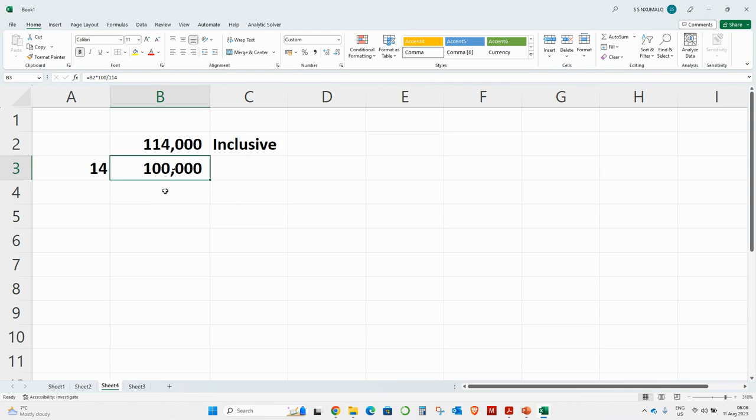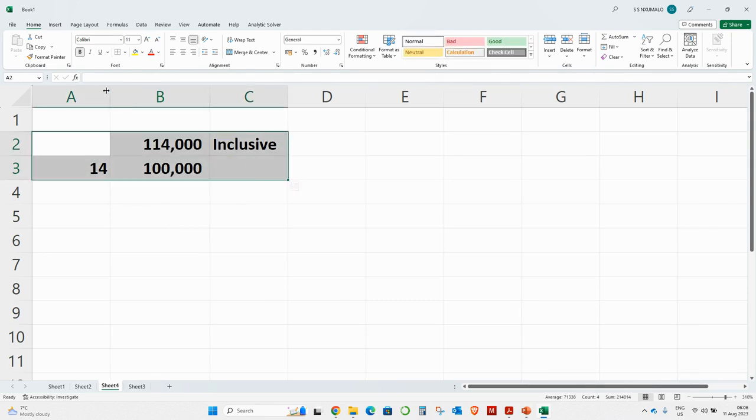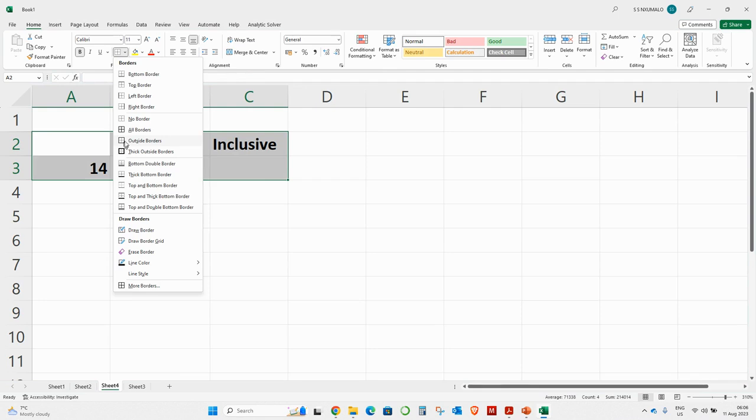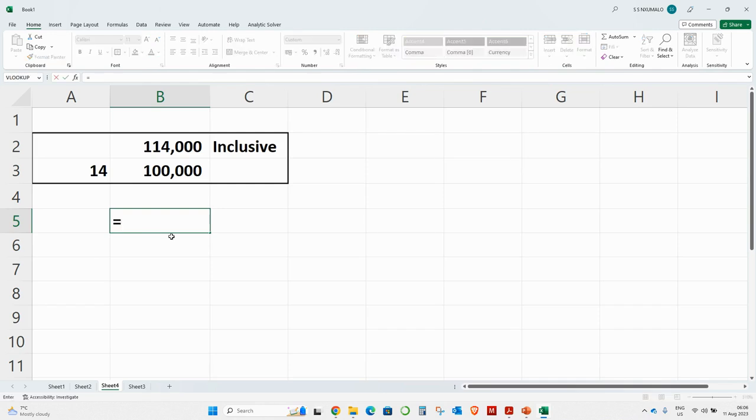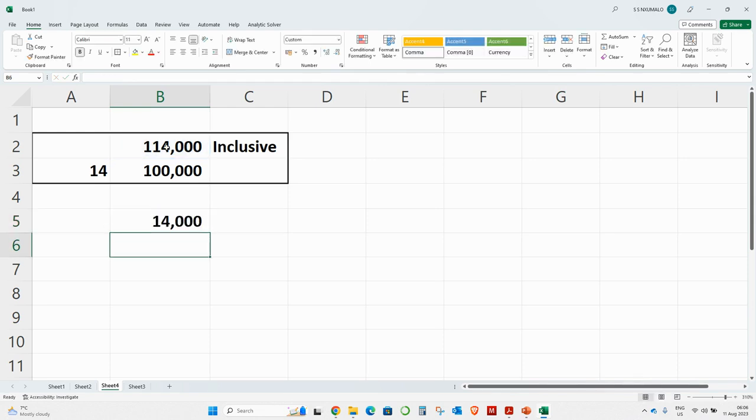And another way of doing this is option 2. You take the amount that they've given you, and then you times it by 14, you divide it by 114. That will give you the VAT portion, the VAT amount.